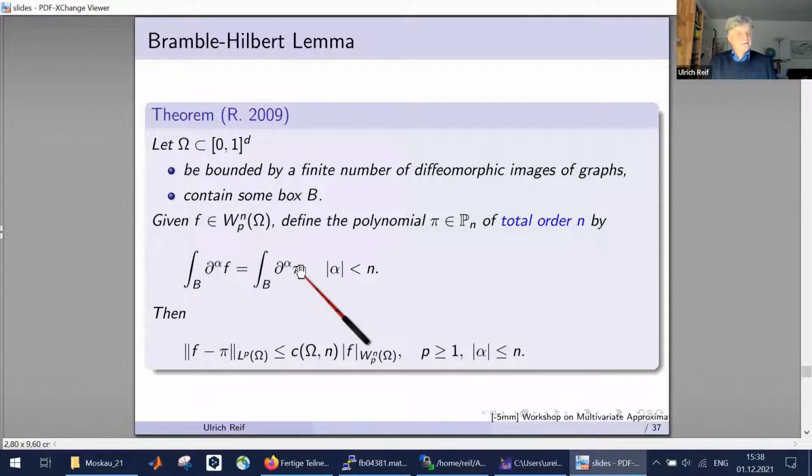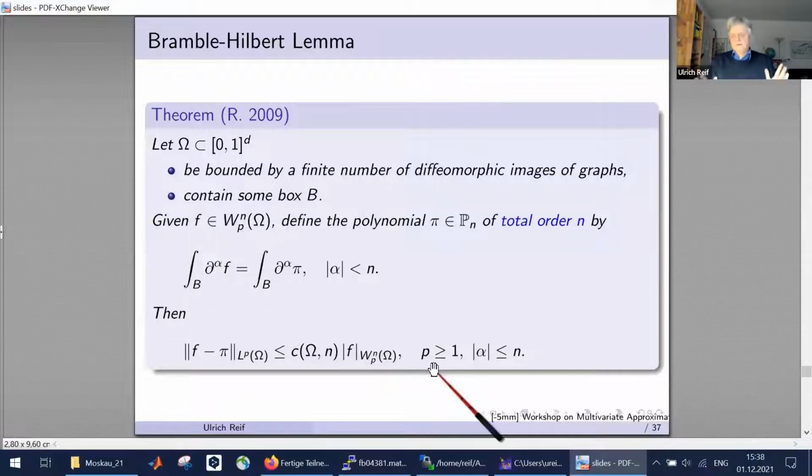This is also a well-defined approximation process, easy to compute. And in this case, we get a Bramble-Hilbert lemma of that type, a constant which is explicitly computable, error bounded in terms of this constant times the Sobolev seminorm of order n with exponent p.